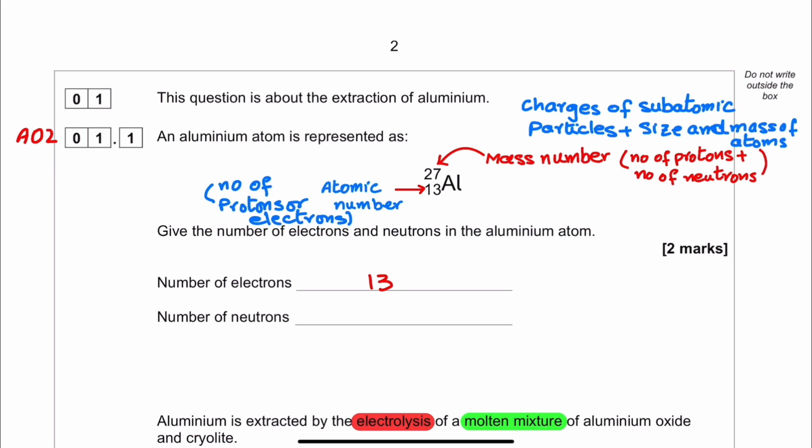The number of neutrons is 27 minus 13, which is equal to 14. Neutrons are present in the nucleus of aluminium. This question is from the charges of subatomic particles, size, and the mass of the atoms.